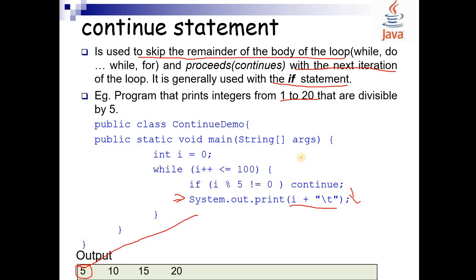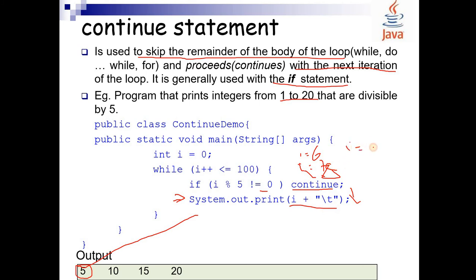So what about i equal to 6? When i equal to 6, the condition is true, then continue will be executed. If i equal to 7, again the condition becomes true. Again, continue. Continue means don't take this statement, but go to the next iteration. When i equal to 8, the condition becomes true. Don't execute this, but continue to the next iteration.